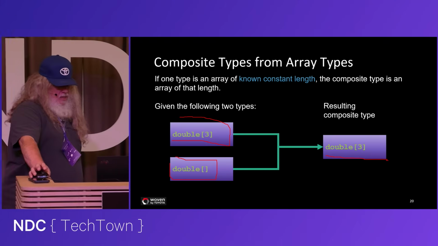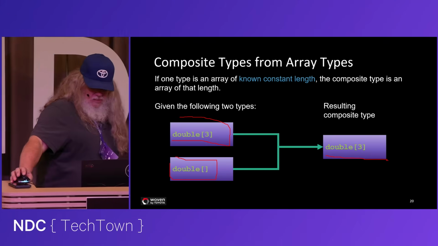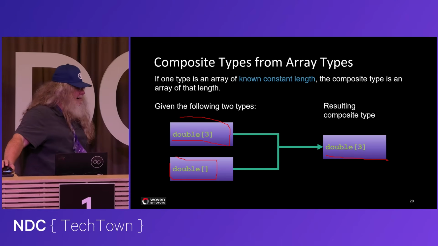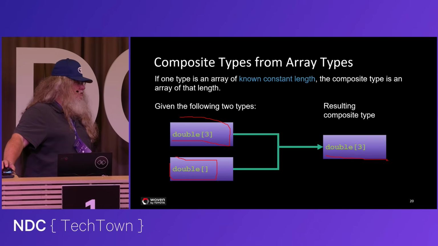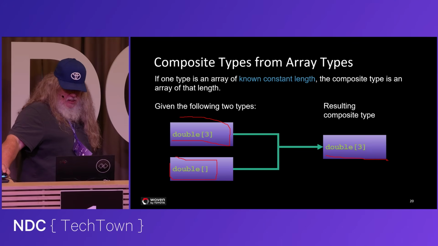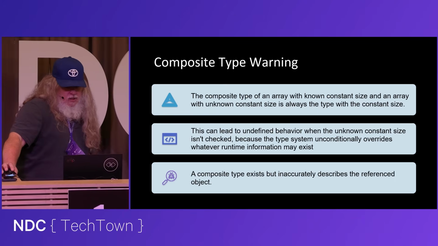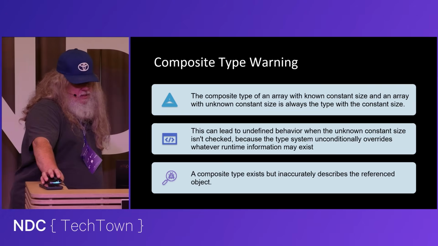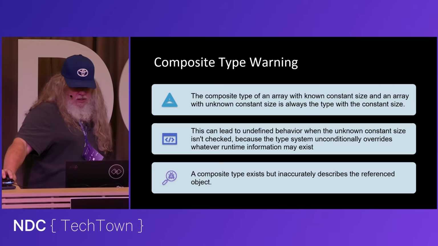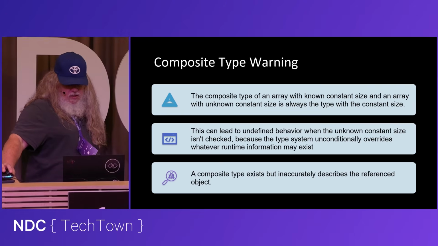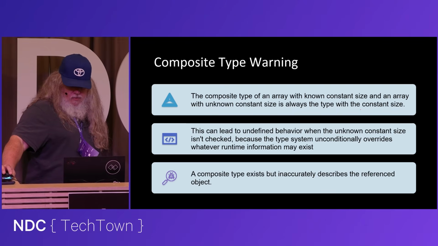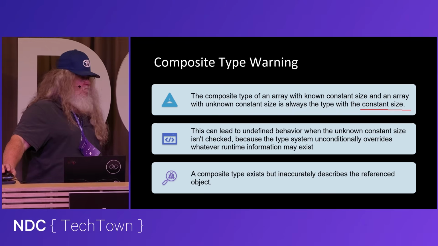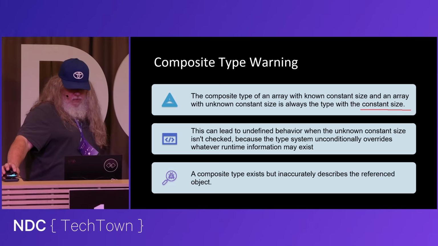If it's an array of 10, it's probably okay. If it's an array of 1 or 2, that's a dicier proposition. So the composite type of an array with known constant size and an array with unknown size is always the constant size, because they're trying to lock things down somewhat.